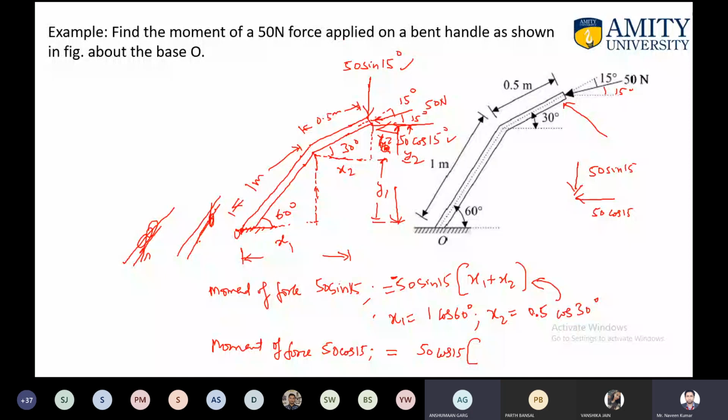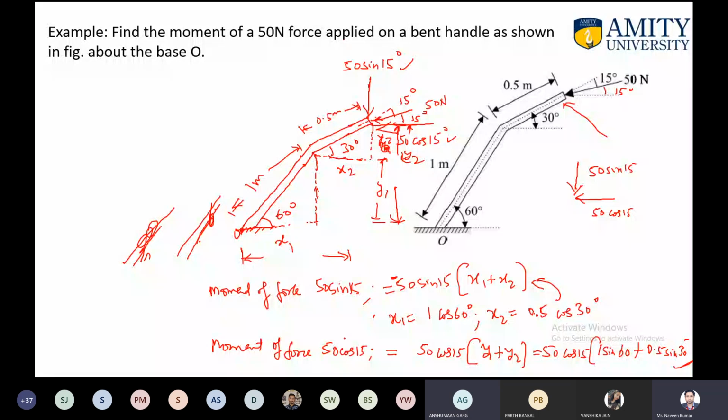So that will be y1 plus y2, or we can write 50 cos 15 into what is y1 now? Tell me. 1 sin 60. This is the perpendicular and this is the hypotenuse, so 1 sin 60, plus what will be y2? This will be 0.5 sin 30.